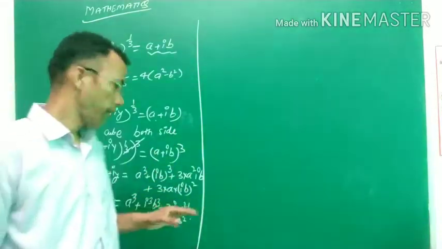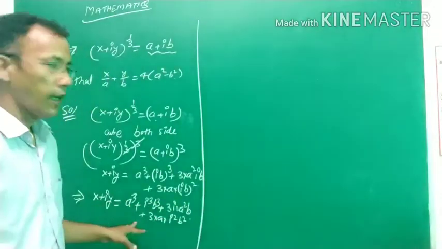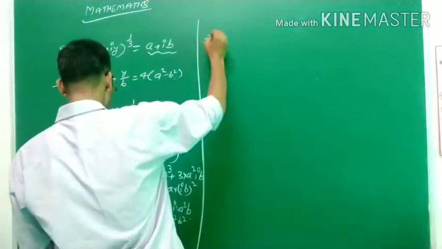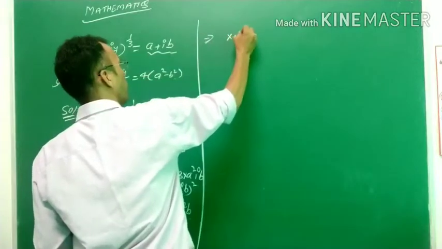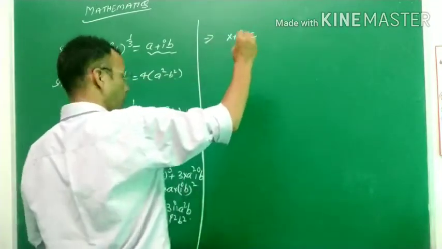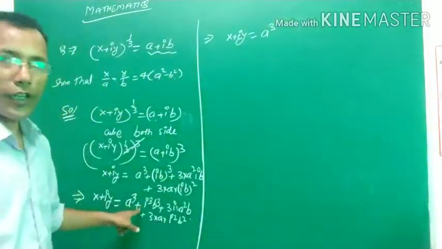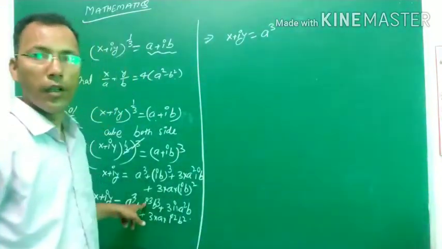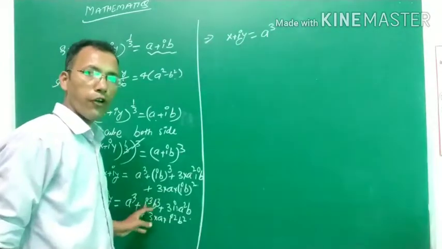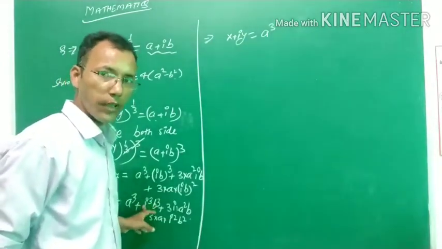Now this is the left hand side and this is the right hand side, and just check this one. This implies that x plus iota y is equal to a cube. Here check this, this is iota cube. What is iota cube? Iota square is minus 1, iota cube is minus iota.